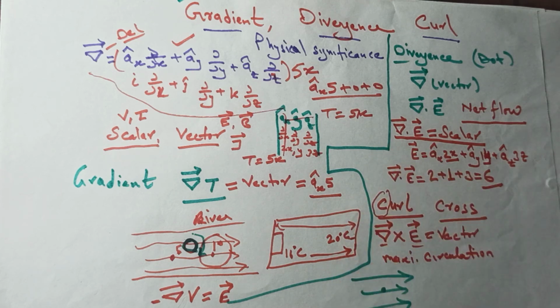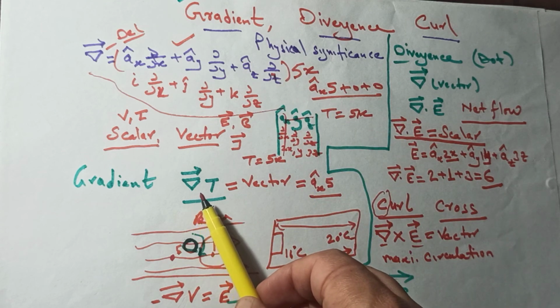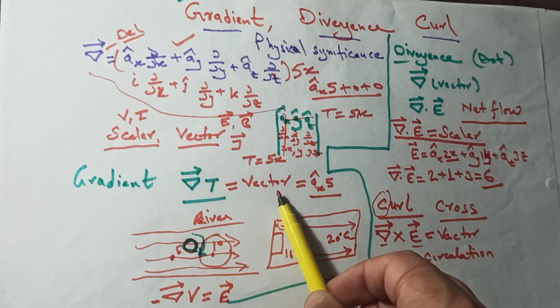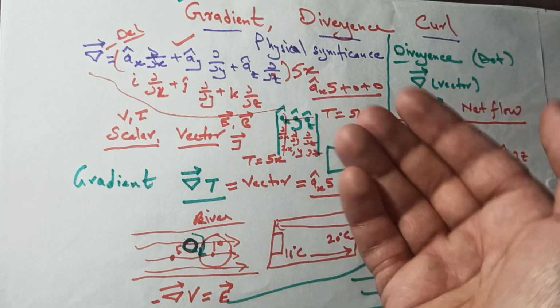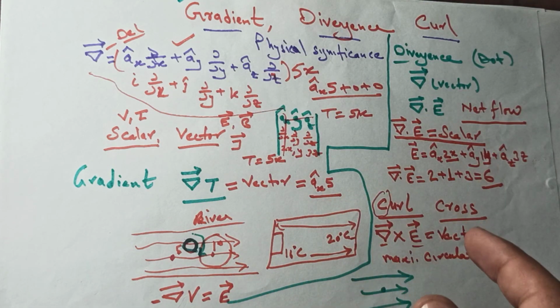Let us revise. What is gradient? Gradient is a simple multiplication of the del operator with any scalar quantity, and the output will be a vector. It gives you the maximum rate of increase and maximum rate of decrease of any scalar quantity, like temperature.